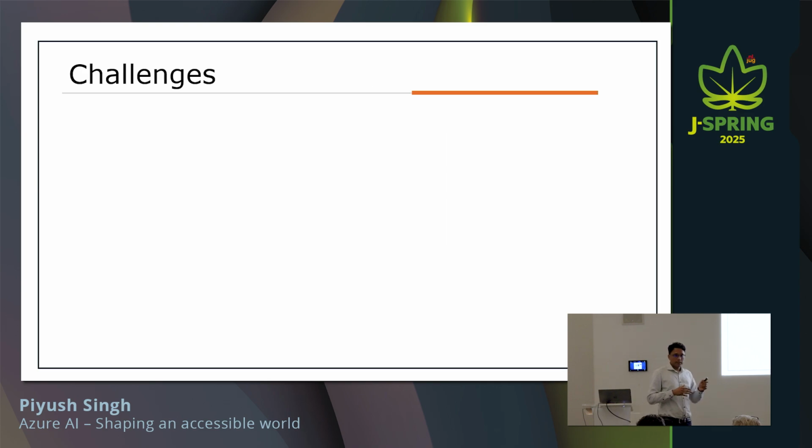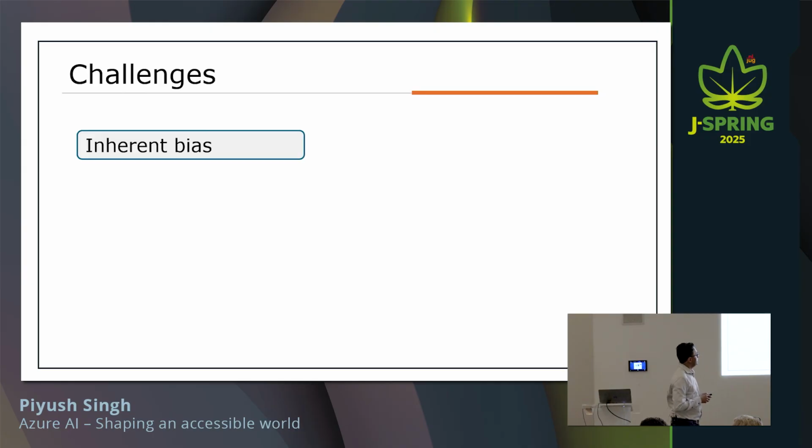There are some challenges, especially with AI, and it's not particularly with accessibility, but if you use AI in any software completely, then there are a few things you need to take into account, starting with inherent bias. So basically you are relying on how well that model is trained.